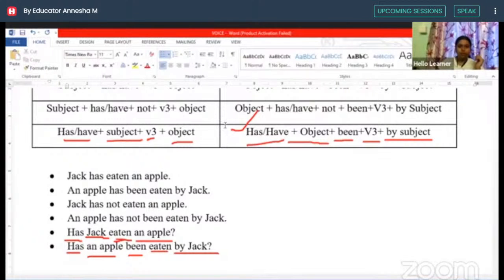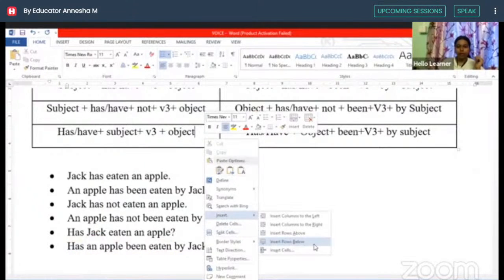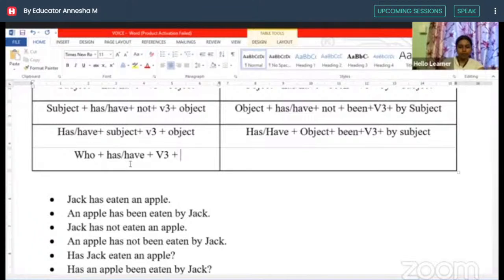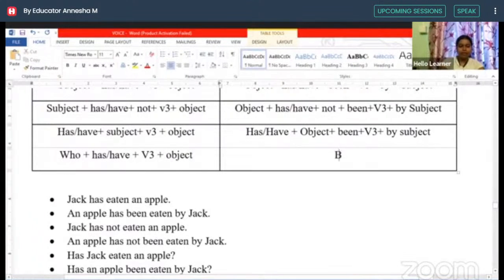And the last one we will do is who or whom, right? So who, has, have, V3, object, right? And what will be the passive?